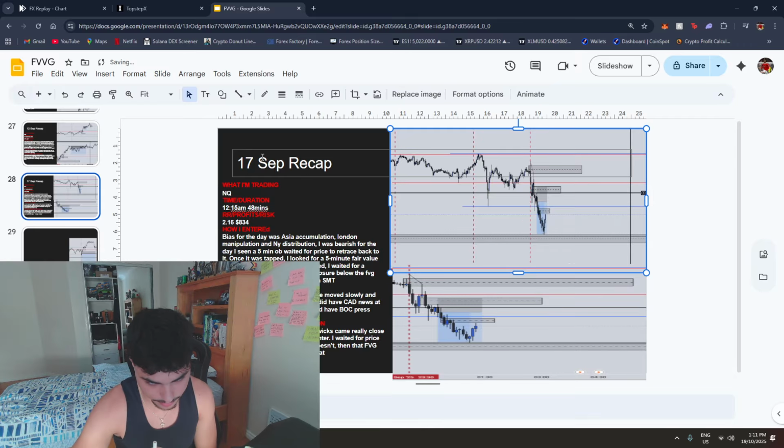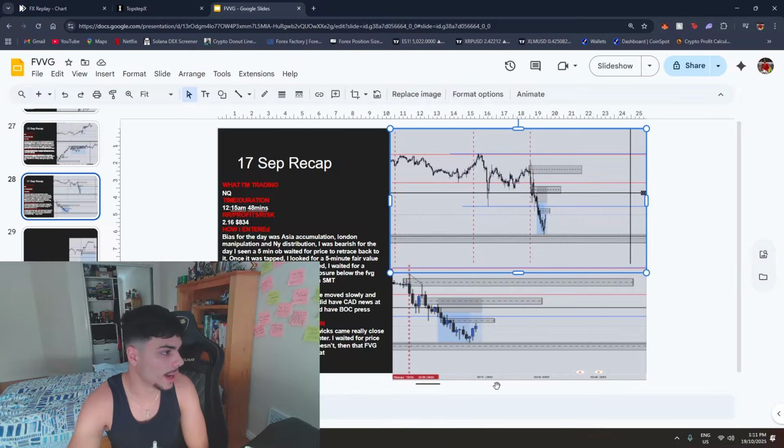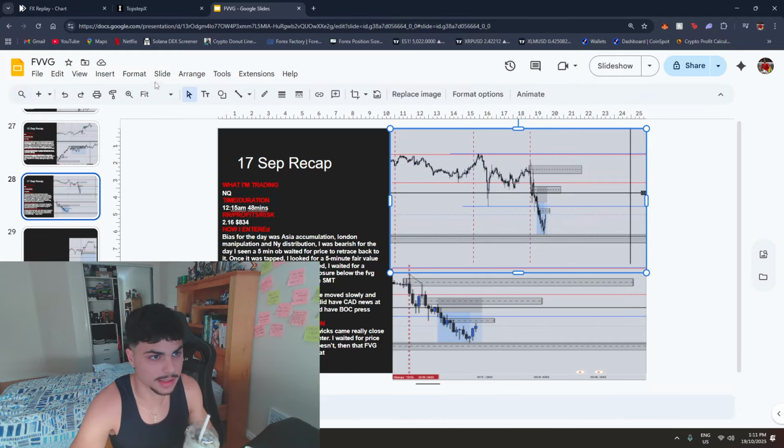I said we also saw a bearish S&T, so that could also help. I didn't say it, but I targeted maybe a 4-hour fair value gap or liquidity sweep. That's it. That's basically my model.